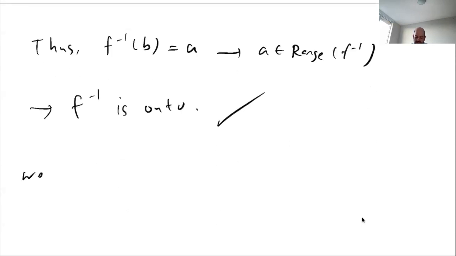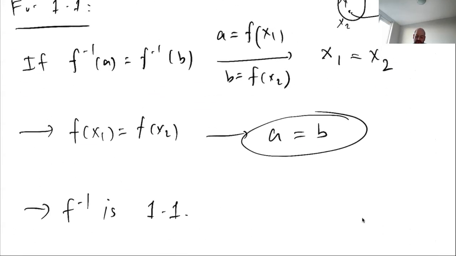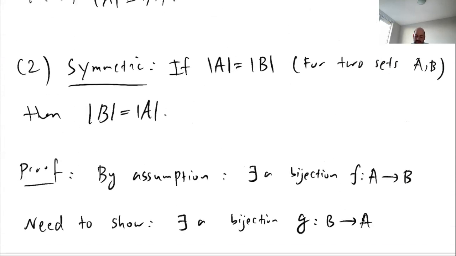So we showed f inverse is a bijection from B to A. So that's the proof of the property of equality of cardinality of sets being symmetric.